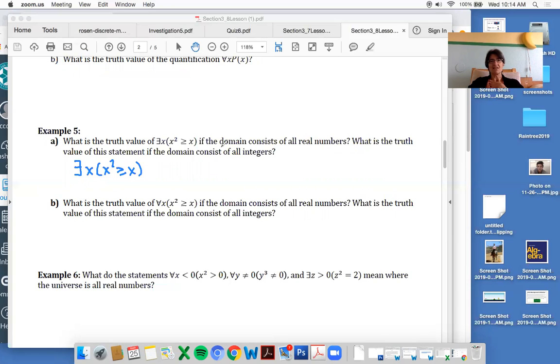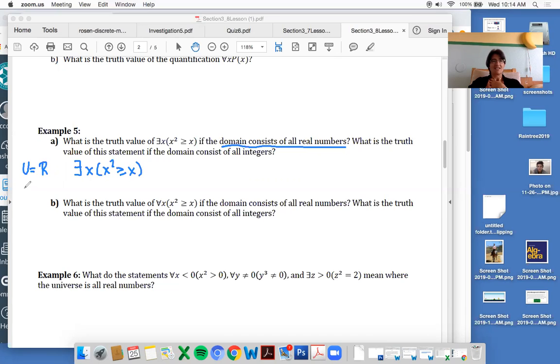It says the domain consists of all real numbers. So first we're going to look at the universe being all real numbers. We're going to try to figure out if this is true. For all real numbers, can I find a value of x for which x squared is bigger than or equal to x?